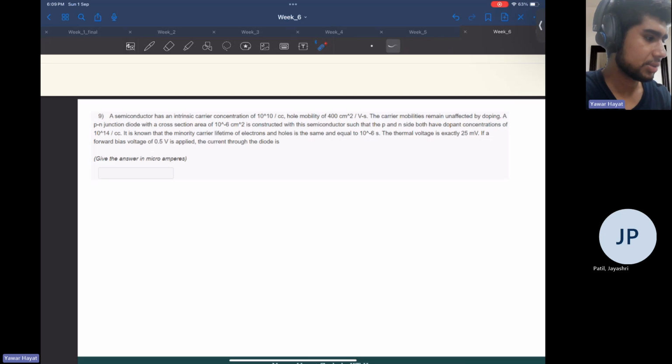It is known that the minority carrier lifetime of electrons and holes is same and it's equal to 10 to the power minus 6 seconds. The thermal voltage is exactly 25 millivolts. If a forward bias voltage of 0.5 volts is applied, you need to obtain the current through the diode. Okay, I'll wait. Please attempt this one. I'll wait for 5 minutes.